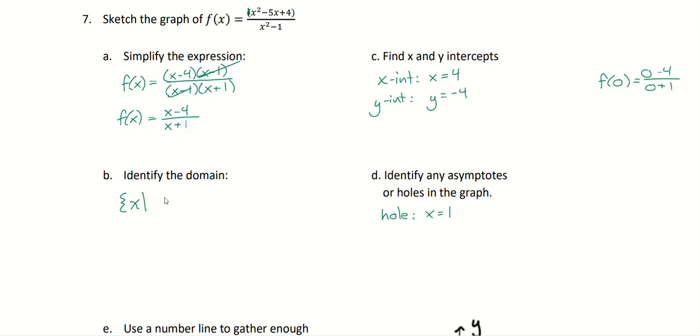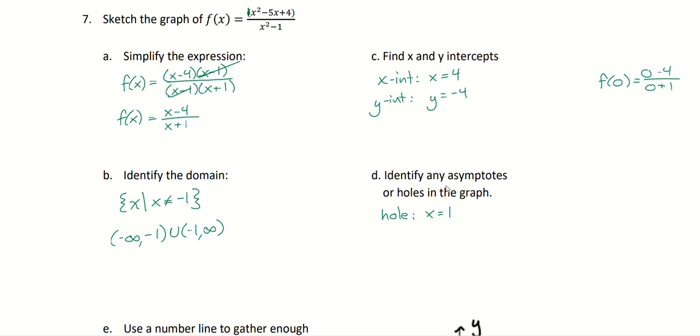Unfortunately, there is one value of x that would make me divide by 0, and we'll just say, hey, it's the set of x such that the only requirement is x is not equal to negative 1 because it would make us divide by 0. If you're feeling creative and you'd rather write this as an interval, you can. We go negative infinity to negative 1. We don't touch it, and then we just pick right up as close to negative 1 from the other side as we can, and we have two ways of writing the exact same answer. Awesome.